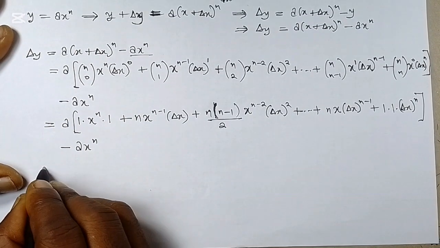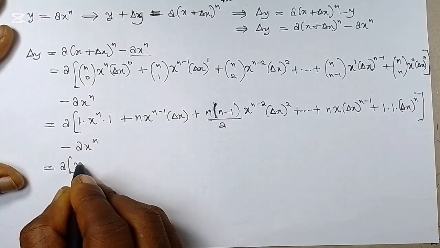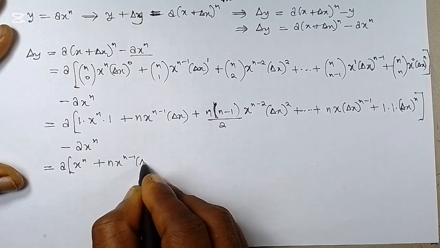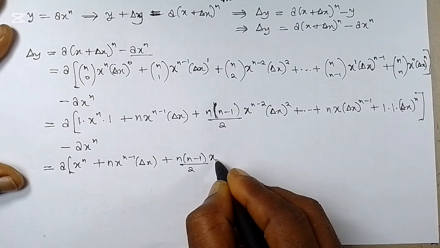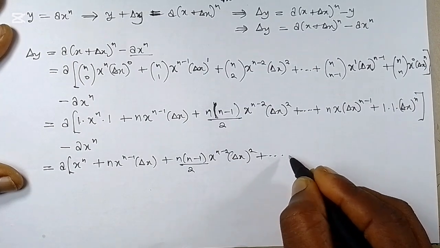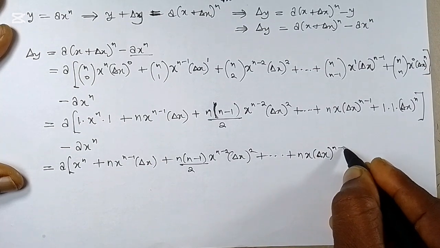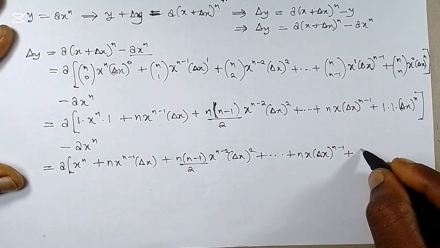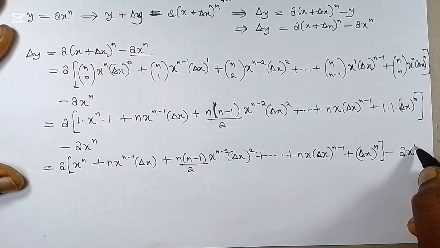So what I'm going to do next will be to further simplify, and this will give me 1 times x raised to the power n, which is x^n, plus n x^(n-1) change in x, plus n(n-1)/2 x^(n-2) change in x all squared, plus ellipsis, plus n x (change in x)^(n-1), plus 1 times that will give you (change in x)^n, minus a x^n.